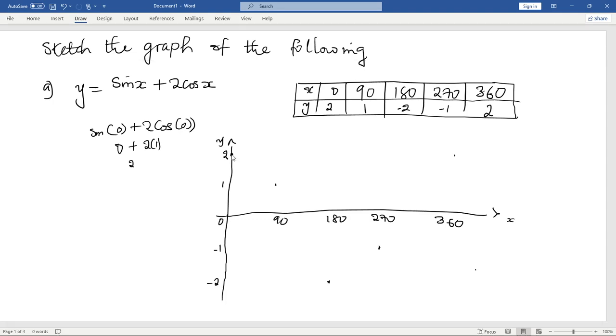So we have a graph that will pass through that point, so it's not dropping through 90 there, so pass through, then we bounce at negative 2 here, pass through that point, and back to where we started from this side. So this is the graph of y equal to sin x plus 2 cos x like this.